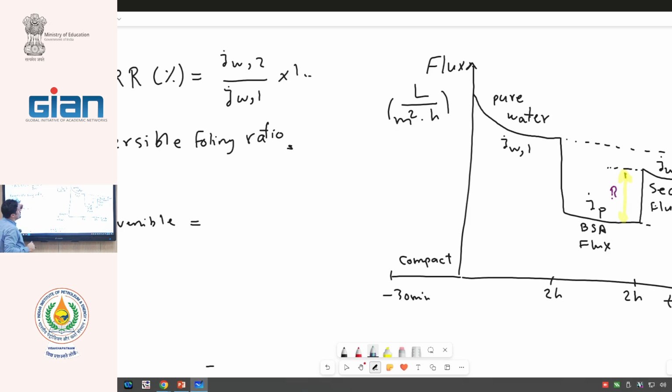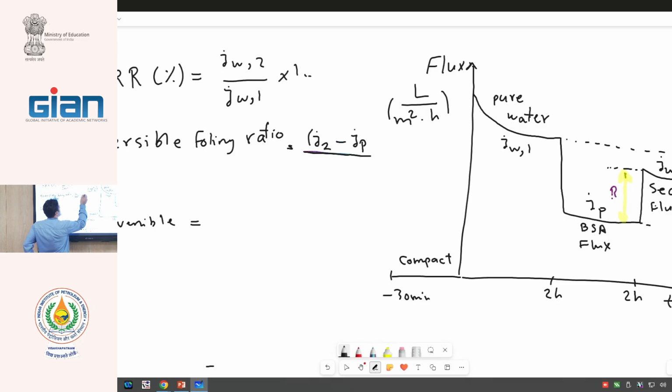Therefore, we can calculate the amount of reversible and irreversible as this: G0 minus GP to G1.